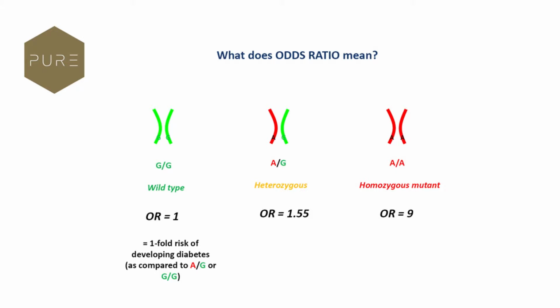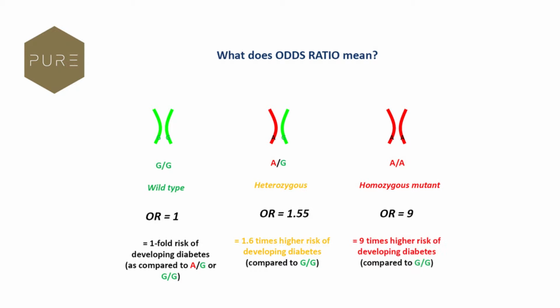So odds ratio of 1 is a 1-fold risk compared, and odds ratios are always compared to something. That's important to understand. So this is a 1-fold risk compared to the other genetic types. This is a 1.55 risk compared to the optimal genetic type. This is a 9-fold risk compared to the optimal genetic type.